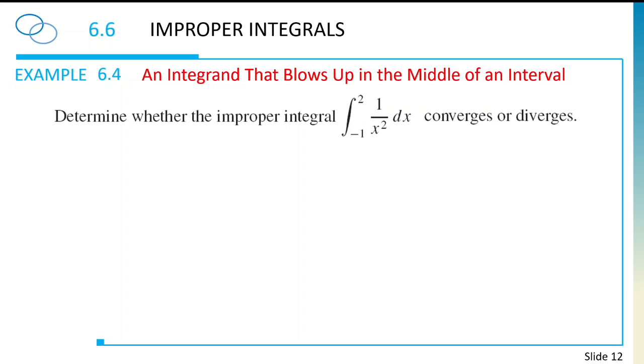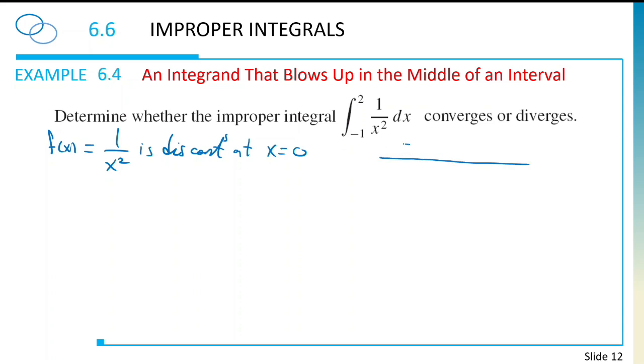Now, if you look at the 1 over x squared, which we discussed already before, I know quickly that f of x equals 1 over x squared is discontinuous at x equals 0. Look at the interval here given. We have the integration from -1 to 2. And clearly 0 is somewhere in between.